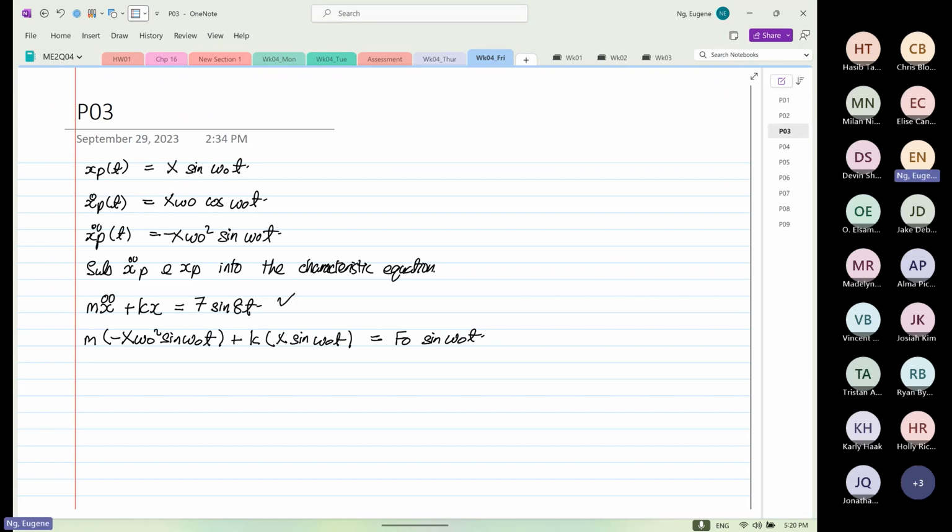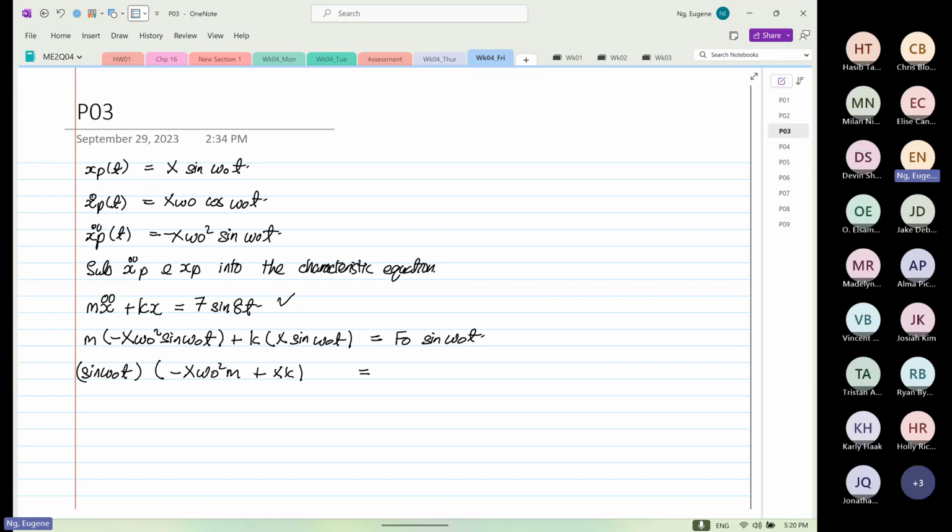You can, did I miss anything? You can take out your sine omega naught t, right? You can take out your sine omega naught t, good, minus x omega naught squared m plus k x, and this will be equal to what?